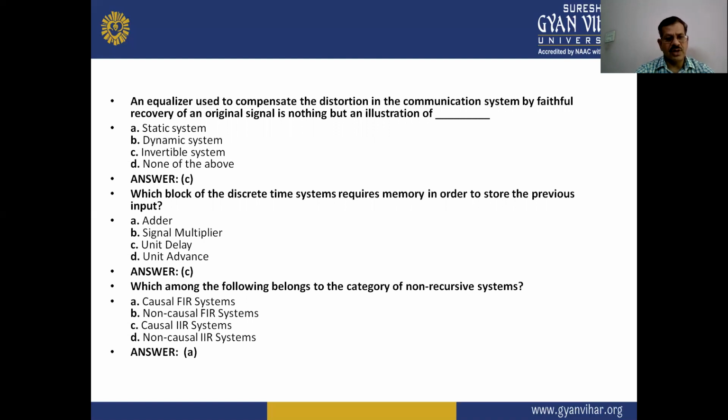Option D, non-causal IIR system. So for the category of non-recursive systems, the correct answer is the causal FIR system, which is option A.